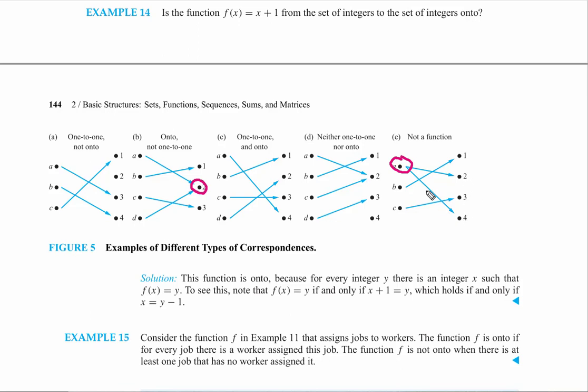So to be a function, everything has to get sent uniquely somewhere. Elements in the domain can't get sent to 2 different places in the range. So if you see 2 arrows like this, then there's a problem. That's not a function.